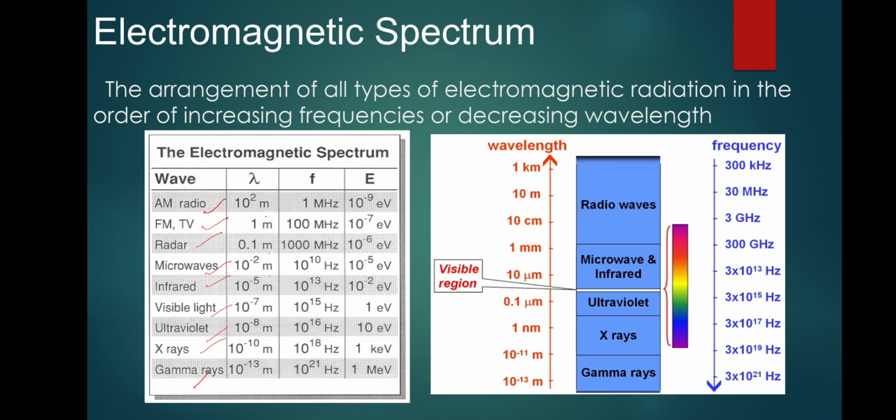But when we take electromagnetic radiation, you can't divide in specific way, it may be overlapping, so we take a range only. Okay, so visible light 10 to the power minus 7 meter, like that. If you take in this way, it is decreasing order of lambda.